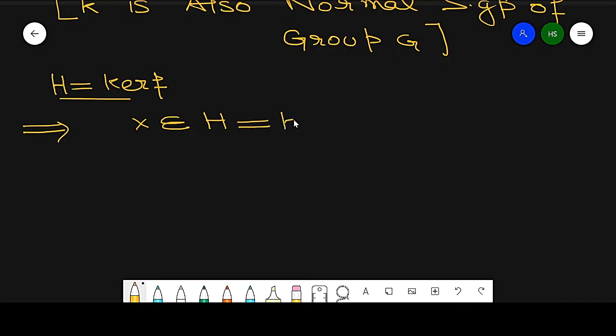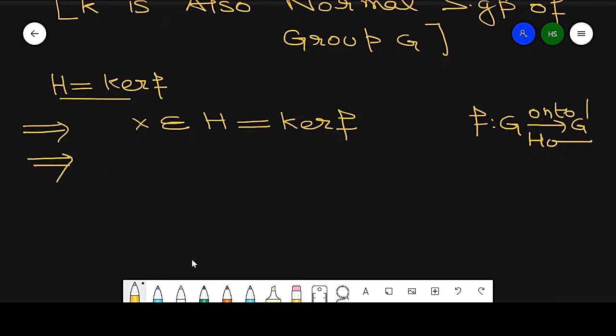H is equal to kernel of f. So what is f? f is from G to G dash, which is an onto, homomorphism mapping. Now if x belongs to H, then by definition of kernel of f, f of x is equal to the identity of the right hand side, which is e dash.